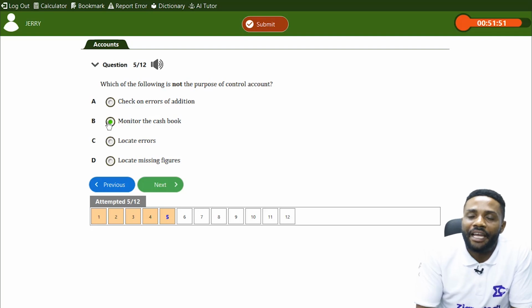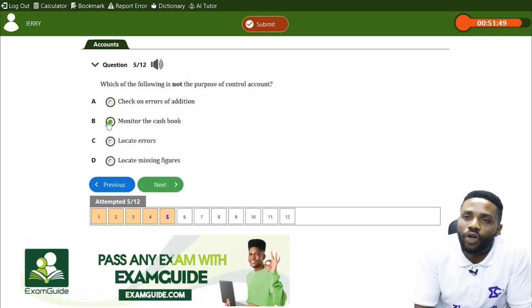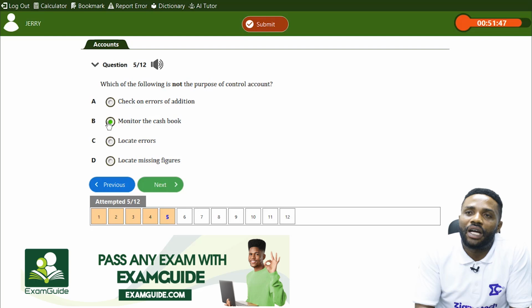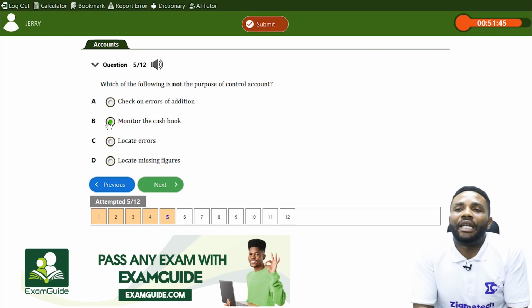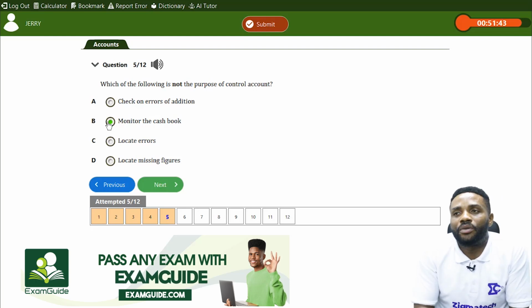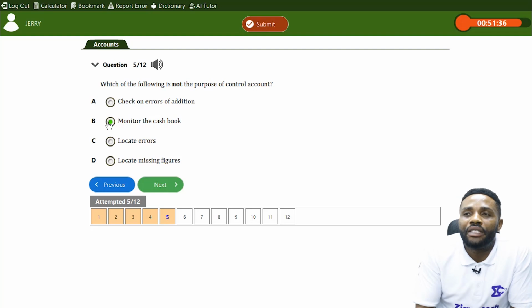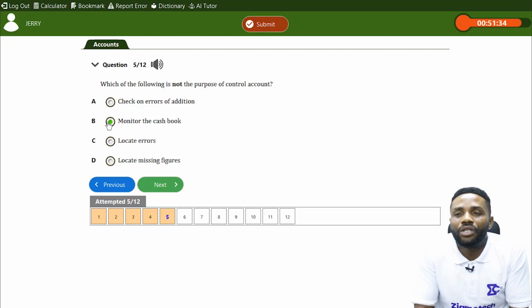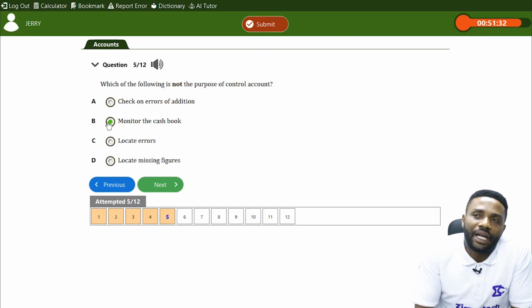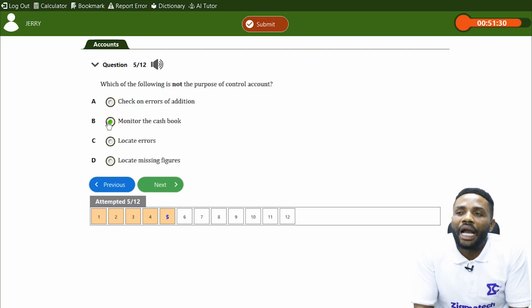It also saves time. And looking at the division, we said that it is divided into total debtors control account and total creditors control account. We say debtors account can also be called trade receivable or account receivable, while creditors account can also be called account payable or trade payable.